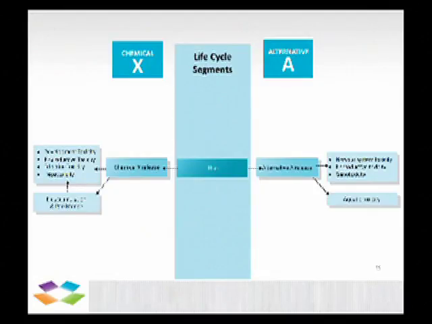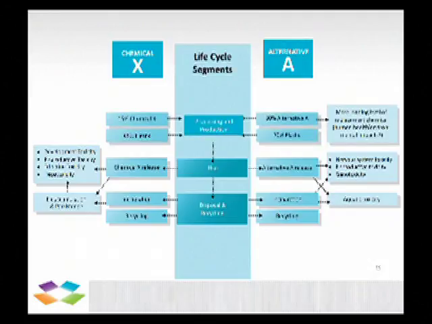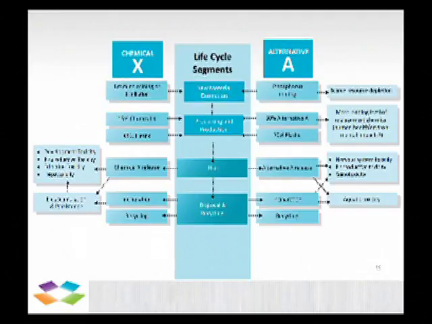We also discussed that on the disposal phase, incineration would result in aquatic toxicity. This slide just shows that if you consider these different life cycle segments, you may be able to visually see and help in the determination of relevant factors.